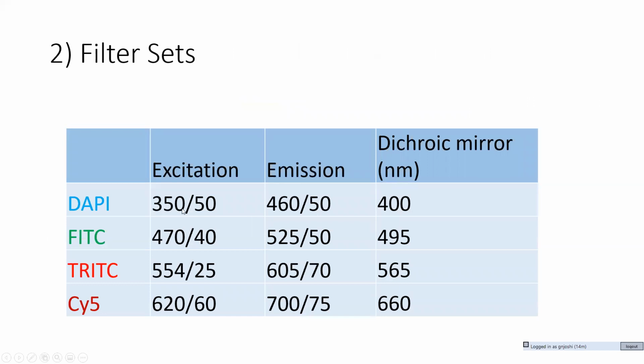Now, when it says 350/50, what that means is you can excite at wavelengths 350 plus 25 and 350 minus 25. So the entire spectrum that you get over here is from 325 nanometers to 375 nanometers, and the same way for all of them.